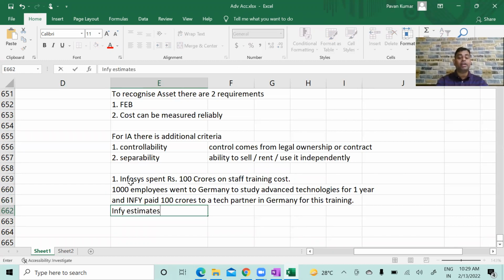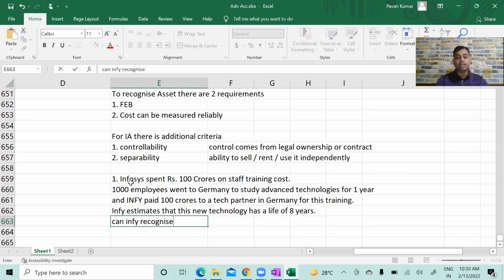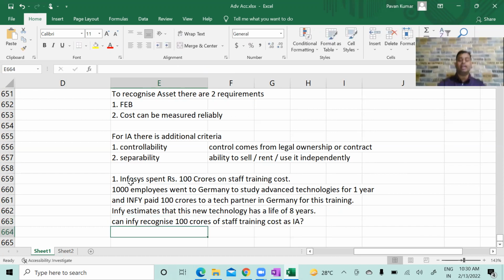Infosys estimates that this new technology has a life of 8 years. Can Infosys recognize 100 crores of staff training cost as an intangible asset?